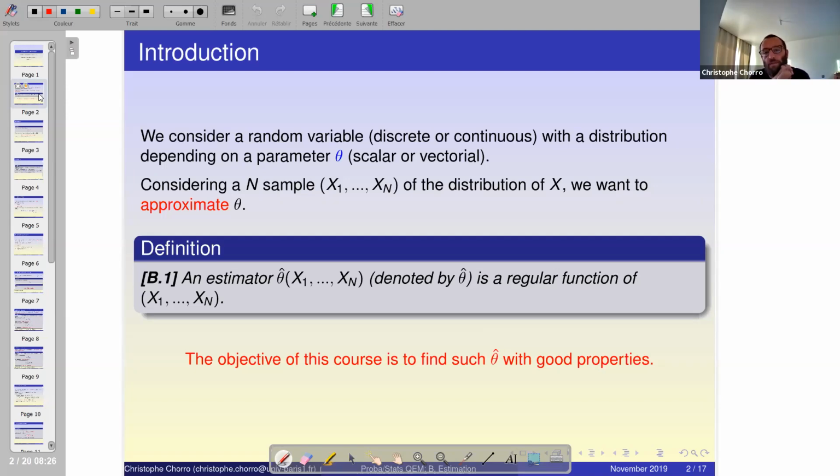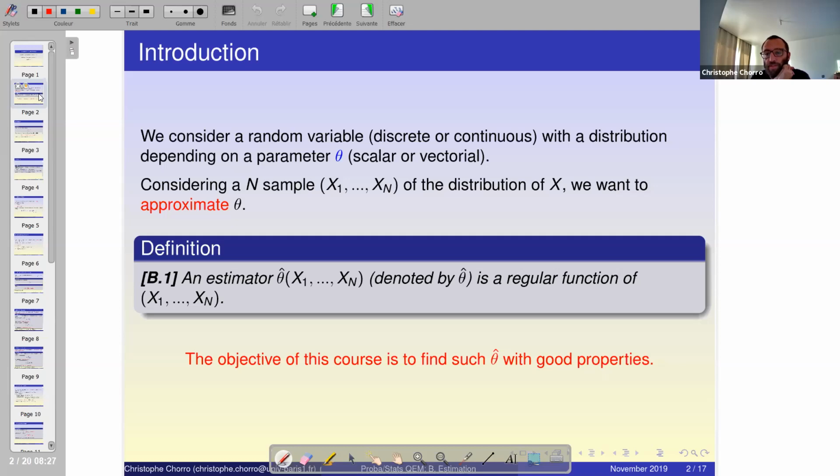I consider a random variable that may be, as always in this course, a discrete one or a continuous one, with a distribution that depends on a parameter theta. Theta may be a number or it may be a vector. I may have several parameters of interest, and a priori, I don't know this theta.